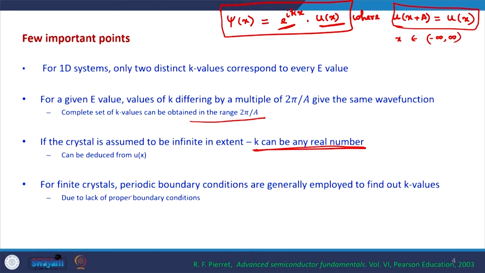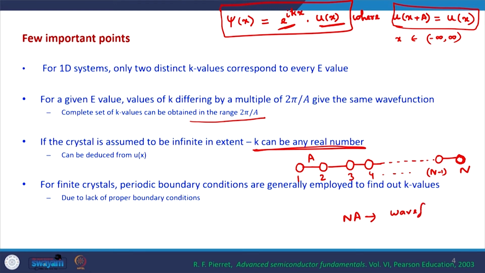So, what is the periodic boundary condition? In a finite crystal, which means that now the crystal has n number of atoms, 1, 2, 3, 4 up to n minus 1, n, atomic cores, and the distance between each of them is a, then what we assume is that the wave function is periodic: n times a, the entire length of the crystal, is the period of the wave function.